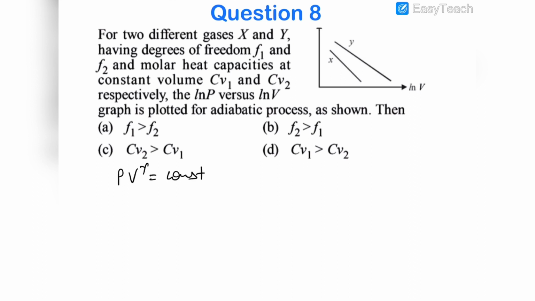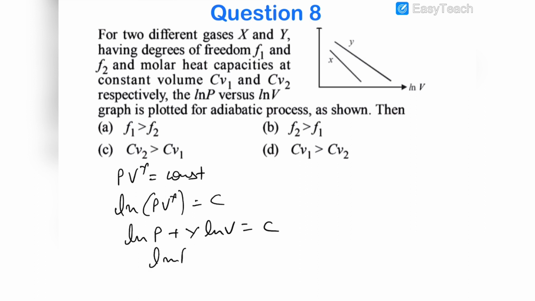If we take log on both sides, then ln of PV to the power gamma is equal to the log of a constant, which is also a constant. So ln P plus gamma ln V is C. So ln P is equal to C minus gamma ln V, and you can see that this is the equation of a straight line.